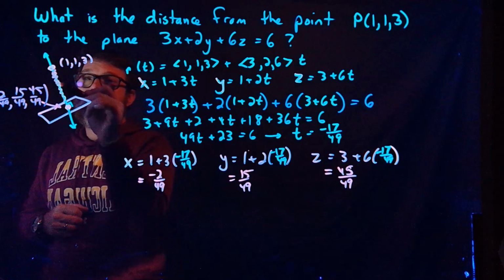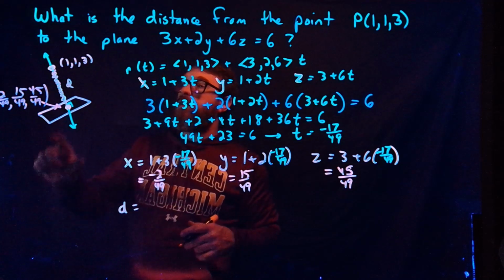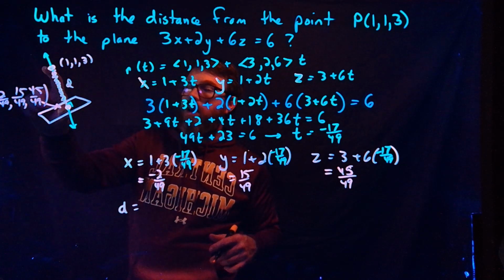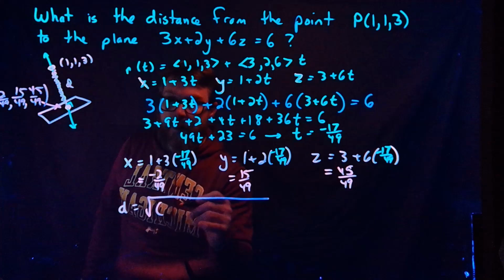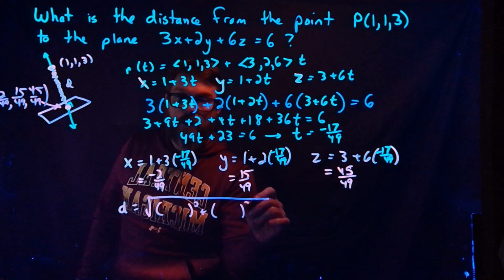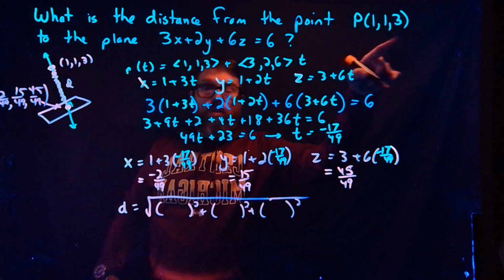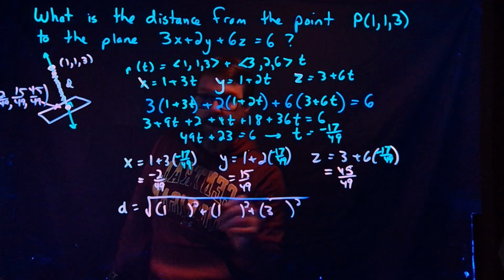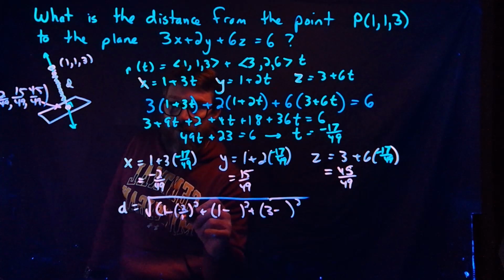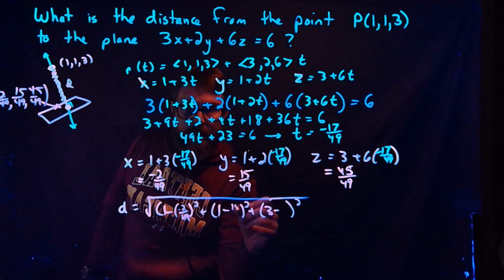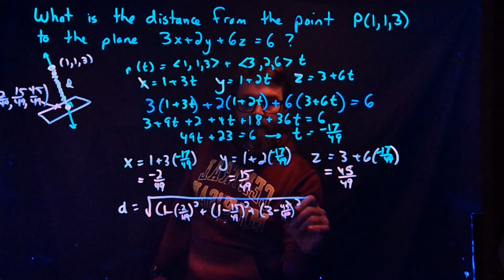So now let's go ahead and find this distance here. Call this distance d. We can do this as the magnitude of the vector that goes from each point, or using the distance formula, it's equivalent. So this is going to be the square root of: I have to subtract the x components, then the y components, then the z components. Remember the point is (1, 1, 3), and then I have to subtract off the point I just found: negative 2 over 49, 15 over 49, and 45 all over 49.